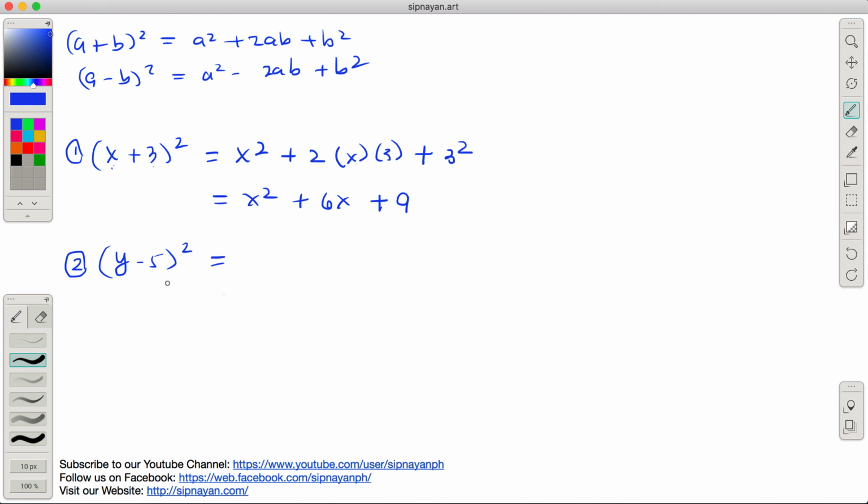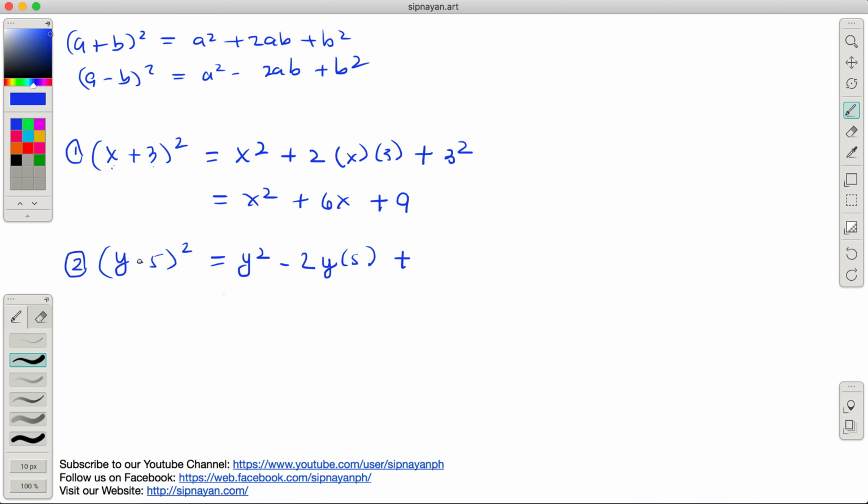What about (y minus 5) quantity squared? So square natin to, y squared. Ano ang second term natin? Magiging minus siya, di ba? Minus 2ab. So minus 2 times yung y times 5. And then plus, di ba, nag-multiply tayo ng 2 sa a and b dito.